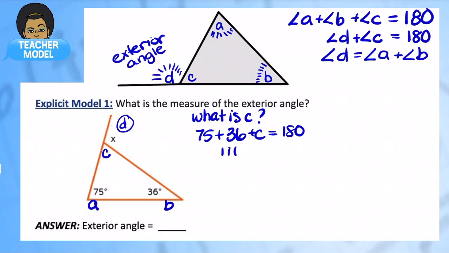You would add these two up, you would subtract the 111 on both sides, and you would get C is equal to 69.